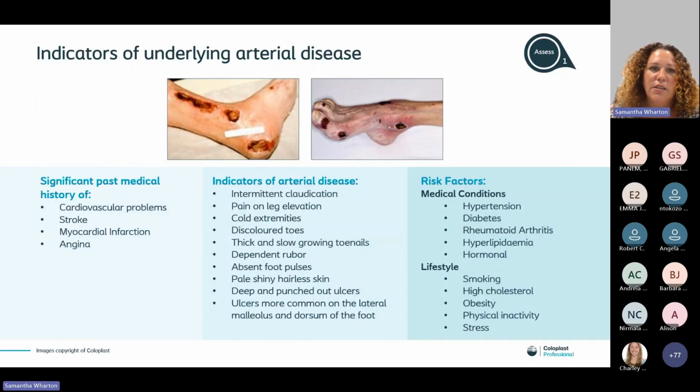Underlying indicators of arterial disease. So these are much more punched out. For the patients, they've often had cardiovascular problems. They may have had a stroke, MI, they may suffer with angina. And those indicators of arterial disease, so that intermittent claudication, that cramping feeling when they're walking.